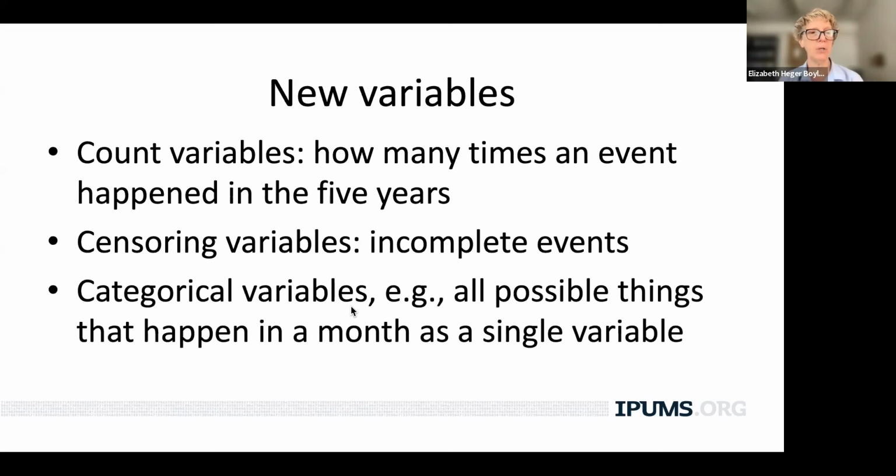And then Miriam and her team have also created categorical variables. So for example, all the possible reproductive events that can happen in a month. Was there a birth? Was there a pregnancy? Was there contraceptive use, or was there no contraceptive use, for example? Those categorical variables can also be very helpful.